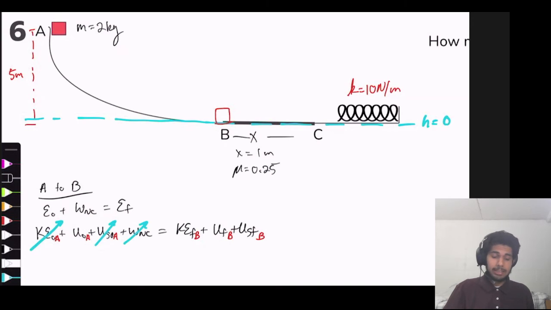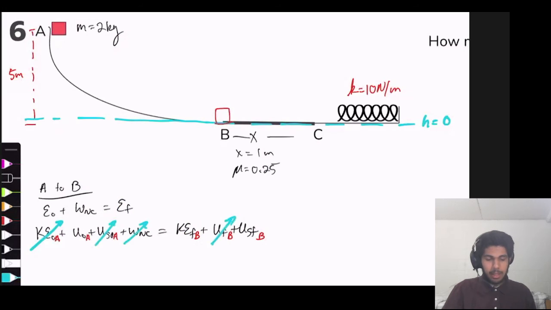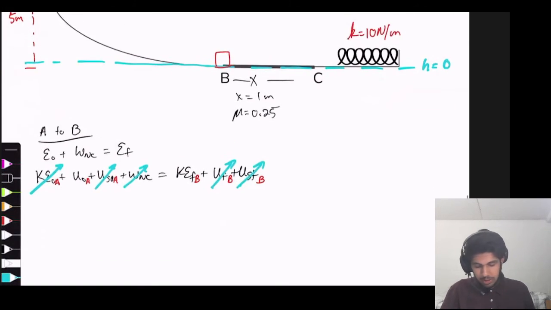No. We're at the h equals 0 line here, so this will be 0. And then, is there any spring potential energy at B? No, there's no spring involved. So that goes to 0. So we're left with U initial at A is equal to kinetic energy at B.